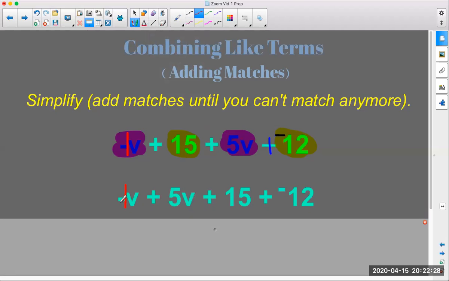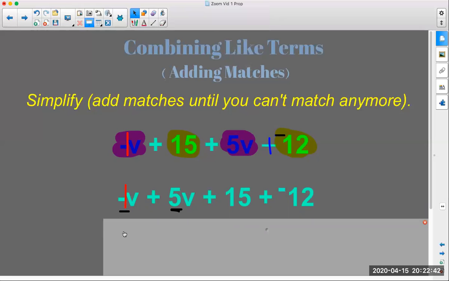So for the things that have a V, we're going to add the coefficients. So this is like, I have $5, but I owe you $1. So how much would I have after I pay you back? 5 minus 1 is 4, and then we'll put the V back there. Looks good. Now, this right here, these are the constants.